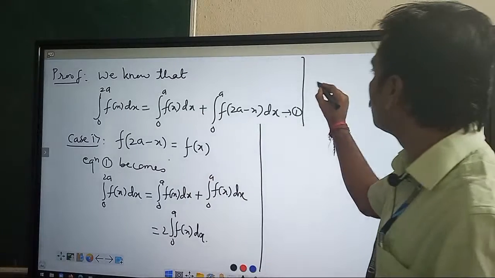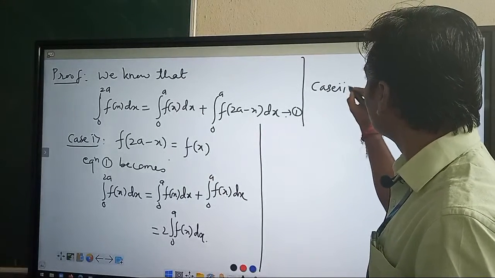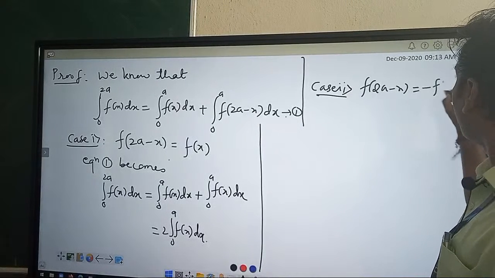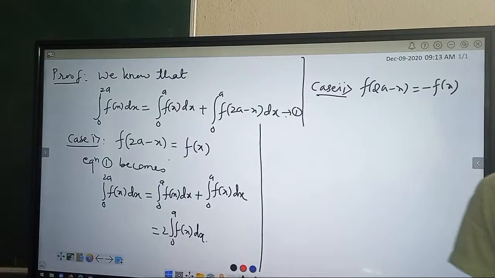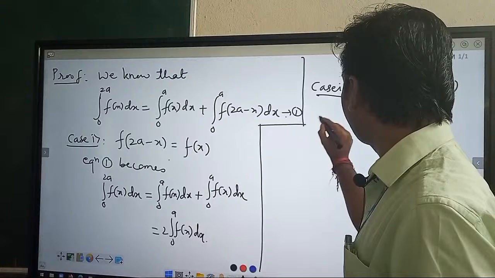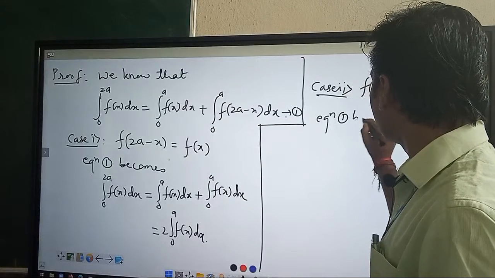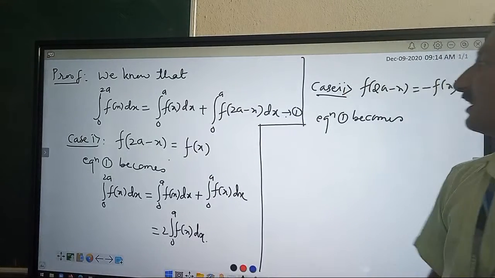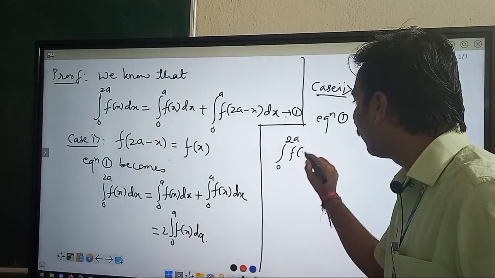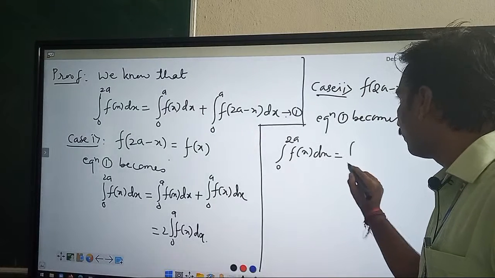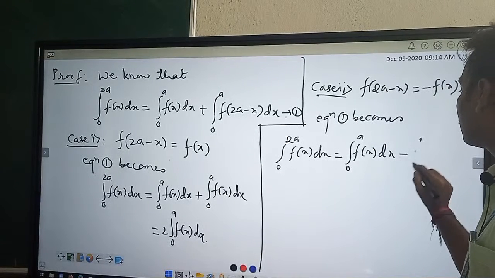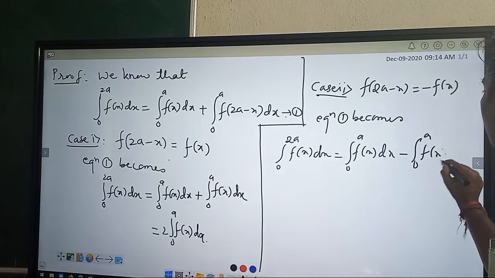Now case 2. What is case number 2? This is f of 2a minus x is equal to minus f of x. Correct? Very simple. How does equation 1 look? Equation 1 becomes the integral from 0 to 2a of f of x dx equals the integral from 0 to a of f of x dx minus the integral from 0 to a of f of x dx.